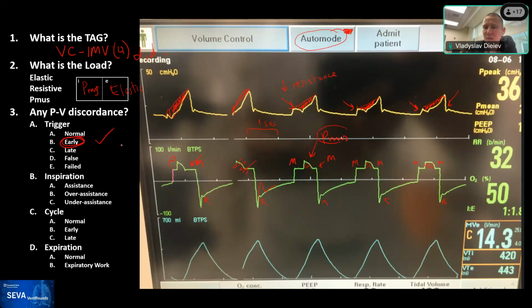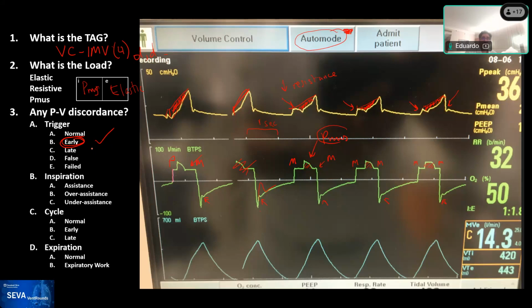All right, and then any PV discordance during the inspiration: assistance, over assistance, or under assistance. So excellent job, Vlad. Do recall that whenever you call the first discordance, the rest are just going to be manifestations of your first one.